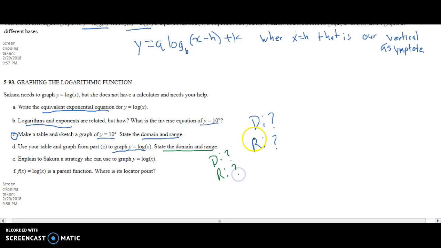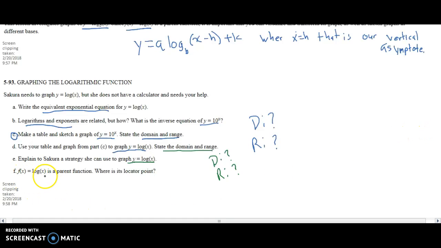That should be pretty straightforward, because these are inverses of each other, so you can ask yourselves what our domain and range do with inverses. Then we explain to Segura a strategy she can use to graph y equals log of x.